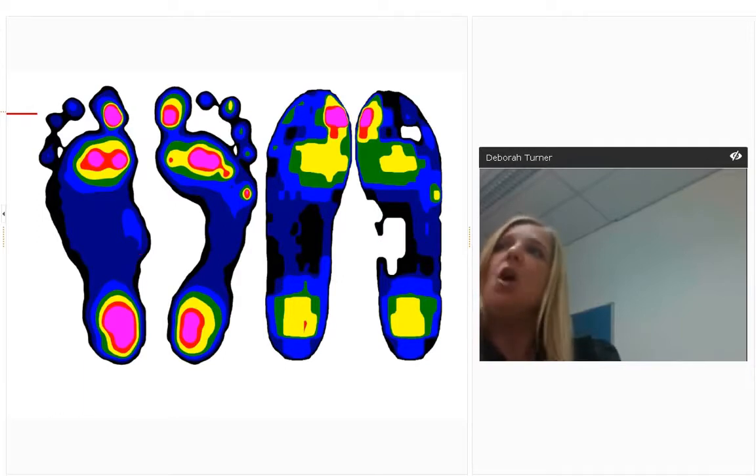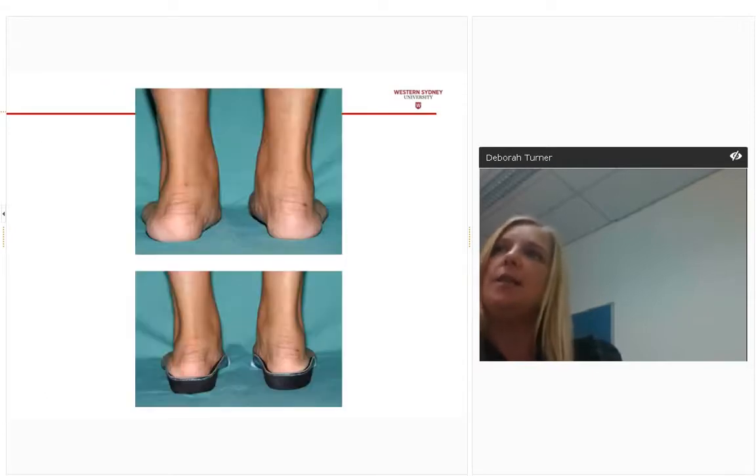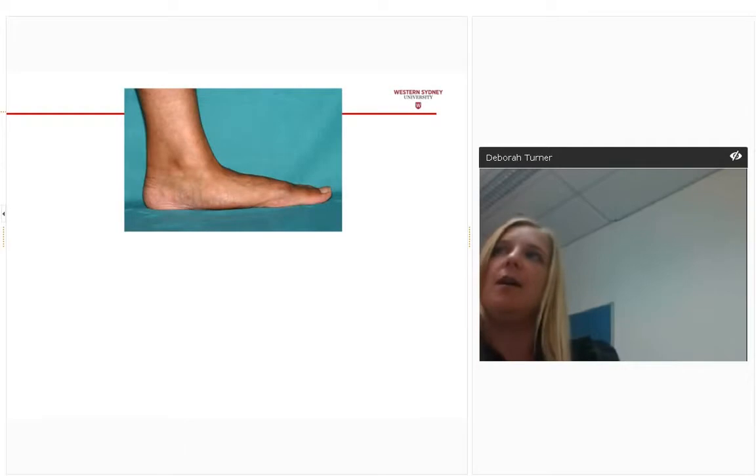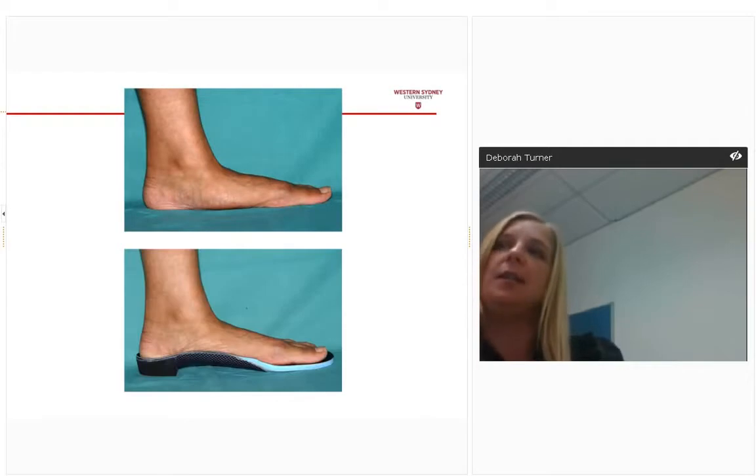What we aimed to do with this patient was to get her into a rigid orthotic to correct the rear foot position, rest the posterior tibial tendon, and support the medial longitudinal arch. So we consider the orthotic as a splint to support the integrity of the talonavicular joint.